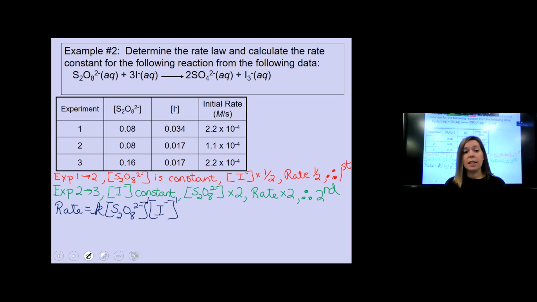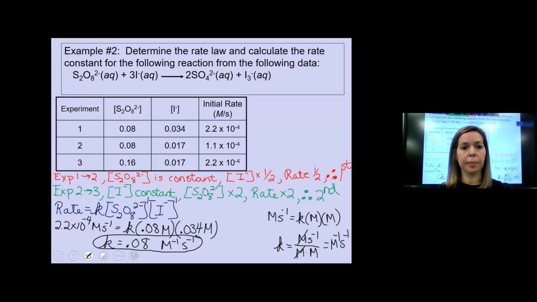Then you take the data from any one of the experiments. I usually use experiment number 1 because it's at the top, and plug my values in to solve for k. All right, I plugged in experiment 1 and I got 0.08 for the value of k.